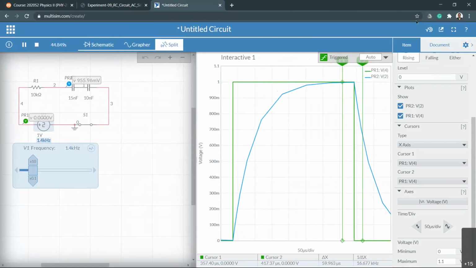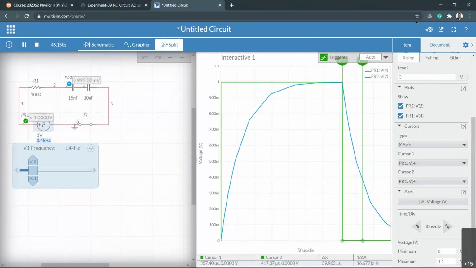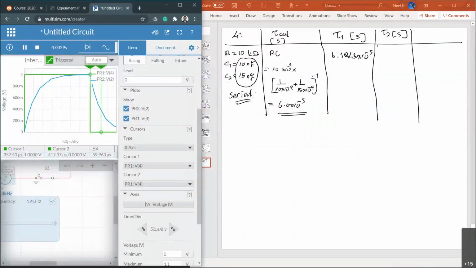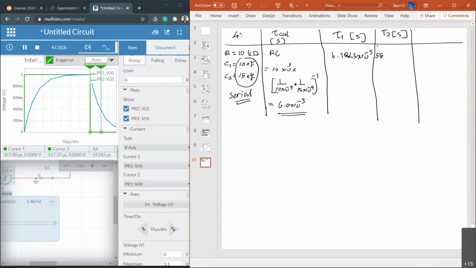After you get that, you have to read the difference, delta x. Now, delta x reading here, 59.6963. So that's close enough. So let's read that, 59.963 microseconds, right? If you write it down properly with the right SI units, 5.9963 times 10 to the negative 5.